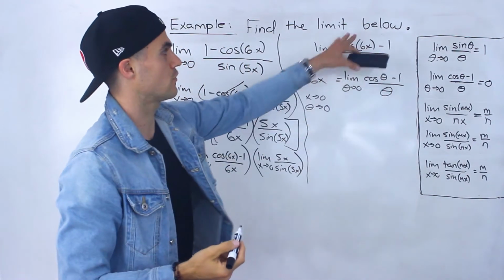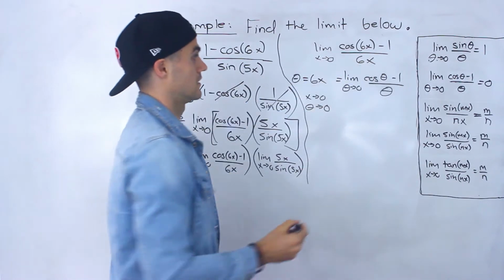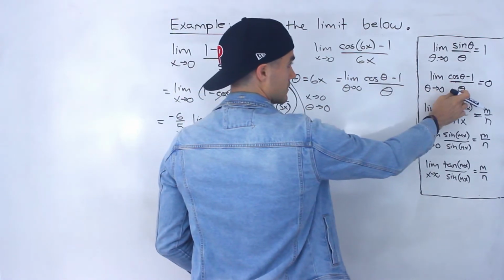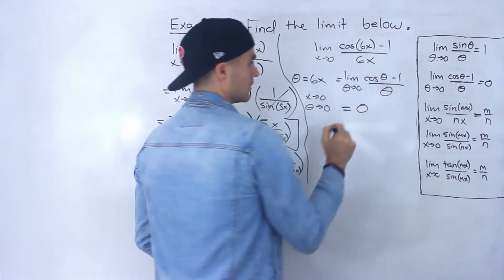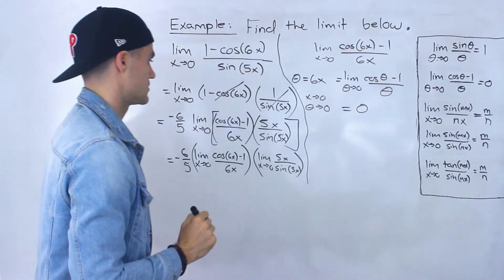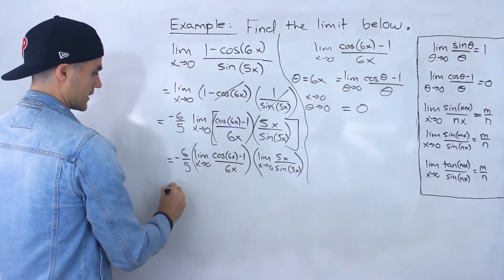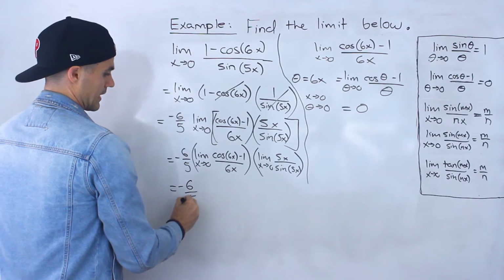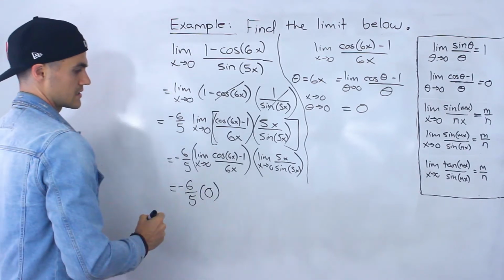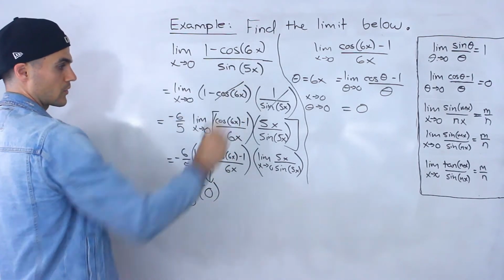Just plugging in theta for the 6x's. And then this is that, which is equal to 0. So this bracket actually ends up being 0. And we just showed the work right there.